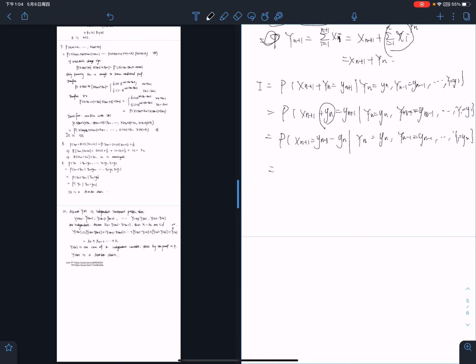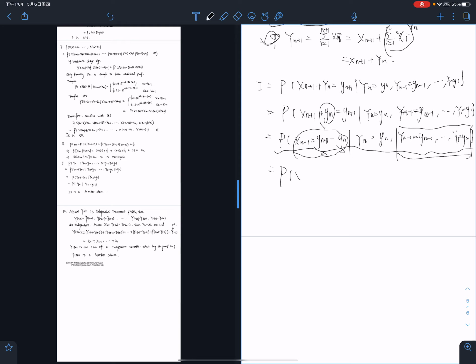So then observe this formula. This part only correlates with Yn and Yn+1 and has no relation with these terms, so we can simply remove them.